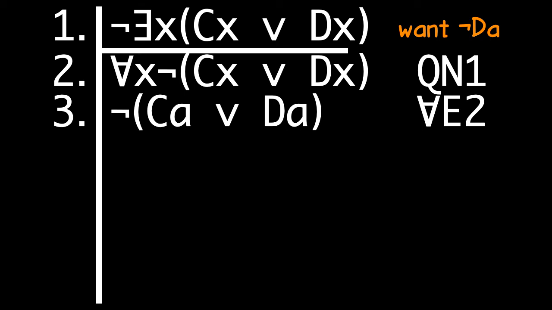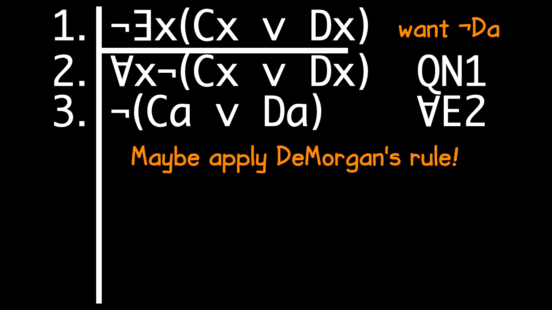So line 3 is the negation of a disjunction. On its own, hard to work with. But when you see that pattern, it should trigger a kind of reflex. Now, if you're not sure, think about pausing the video, look at the rules of proof, think what could apply. When you see something like line 3, you should think, maybe apply De Morgan's rule.